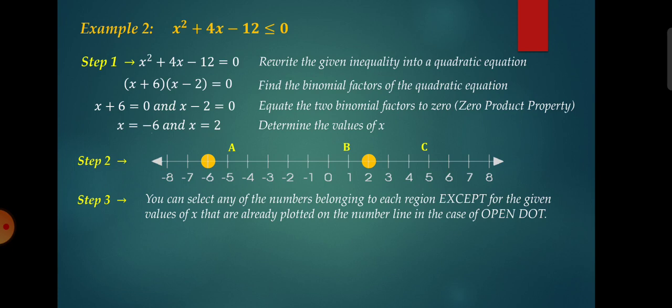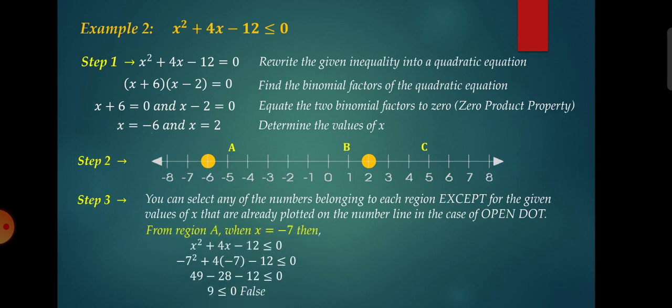So region A is from negative infinity to negative 6, to the left. Region B is from negative 6 to positive 2, while region C is from positive 2 to positive infinity.